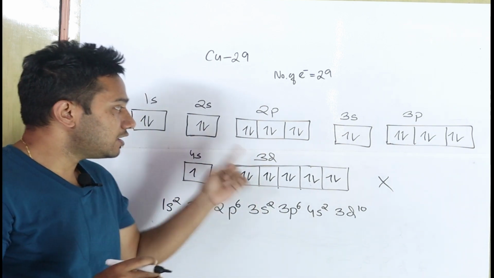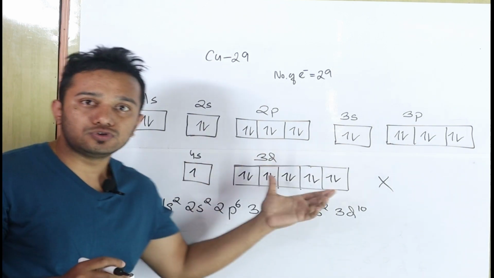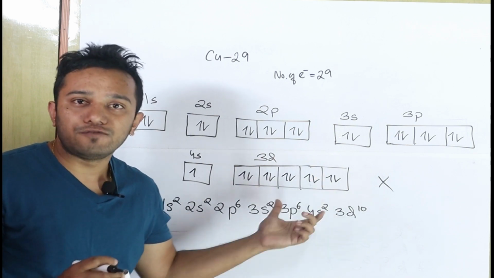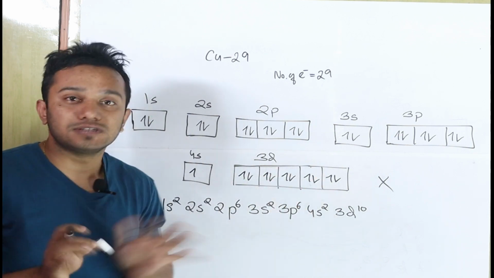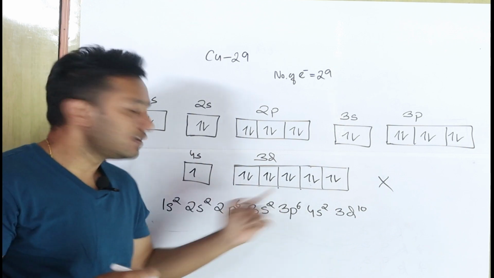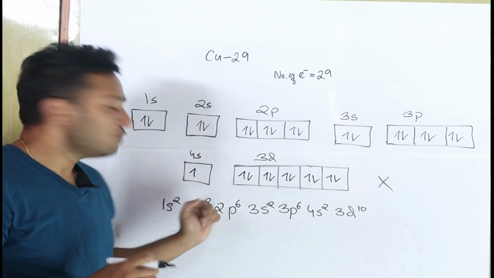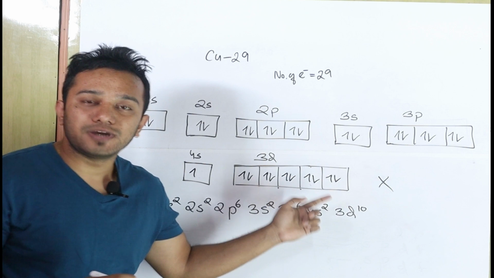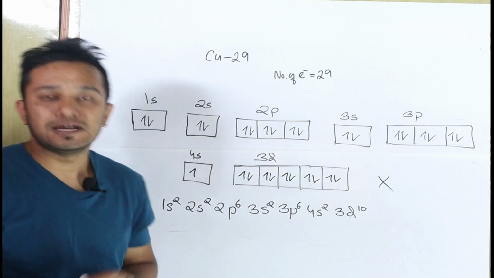As I've told you earlier, one electron from 4s will jump to the 3d orbitals, making it fully filled. Why is it making it fully filled? Because it is highly stable, and also 3d has lower energy as compared to 4s. So electrons will fill the d orbital first as compared to the s orbital.